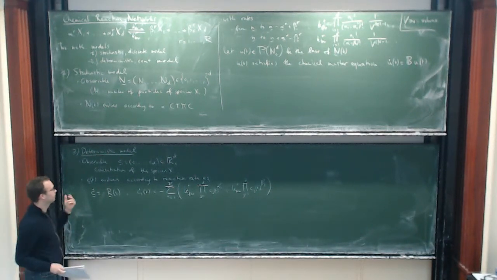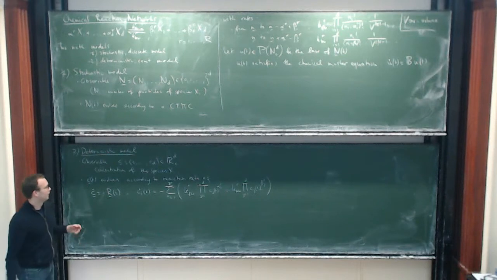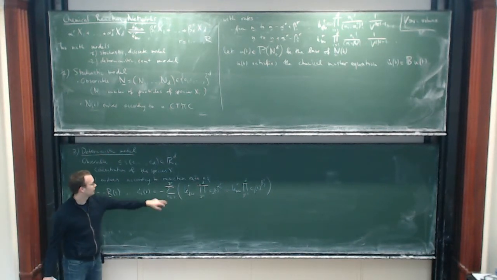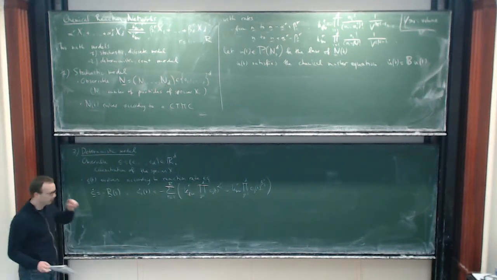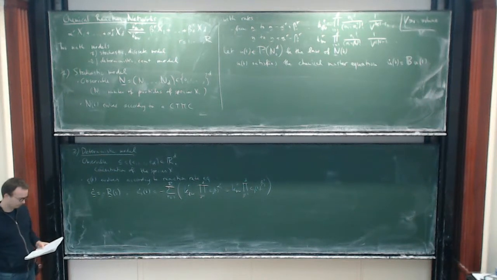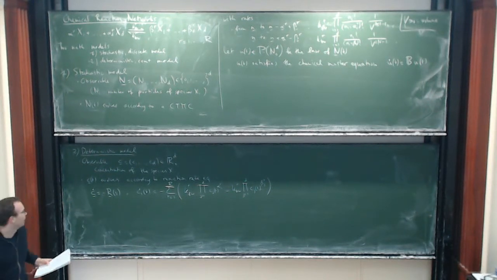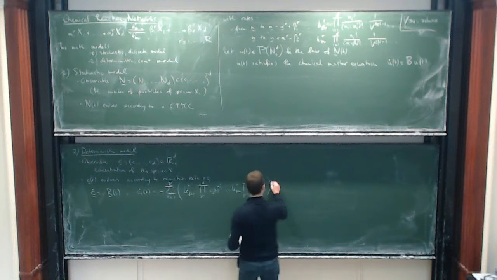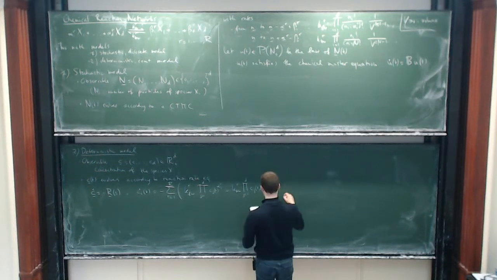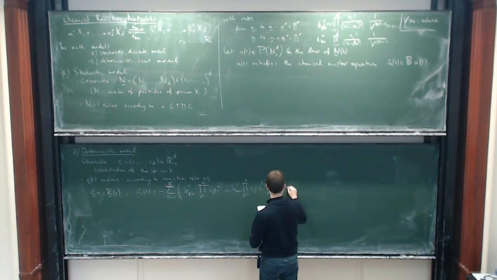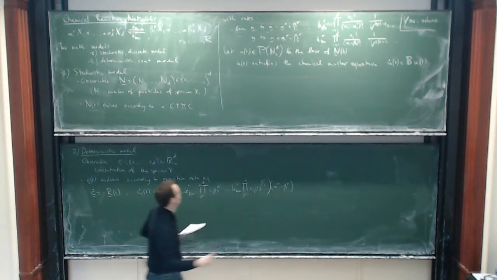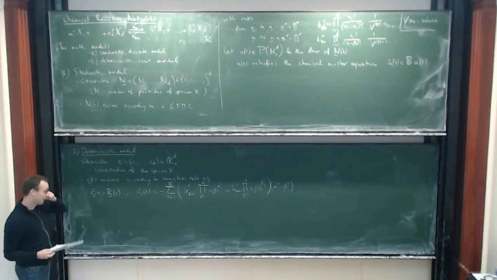So this is just a system of ordinary differential equations with this polynomial right-hand side. Oh, and then there's something missing: of course, there's the change in your number of species. So you get the difference alpha minus beta.